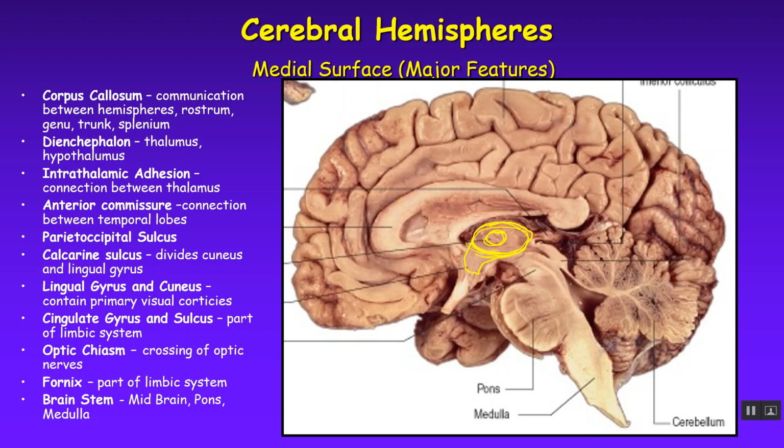But most of us have a little connecting stalk between our thalamuses that goes right in between the third ventricle, bridging that third ventricle. So that's the intrathalamic adhesion. And then this little region right here below is all the hypothalamus. But the complete structure together is your diencephalon.